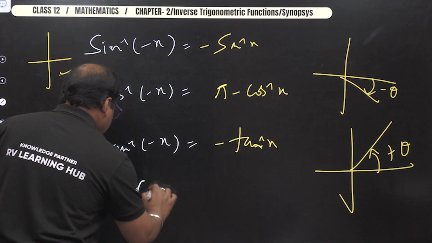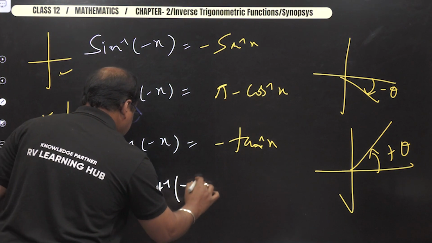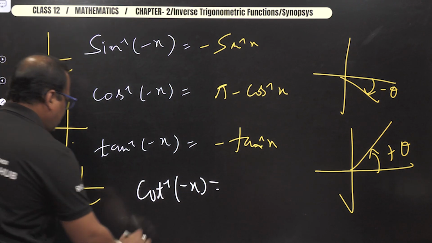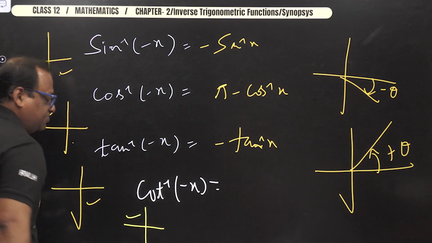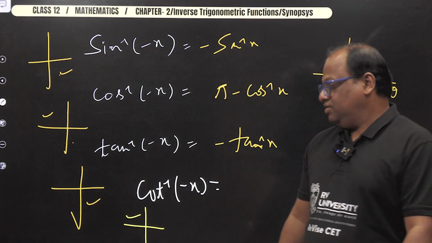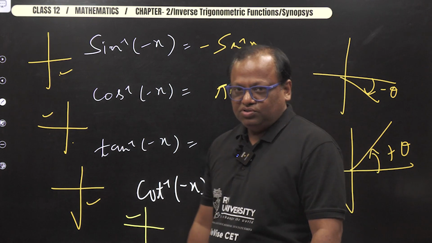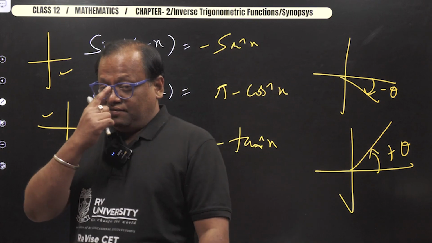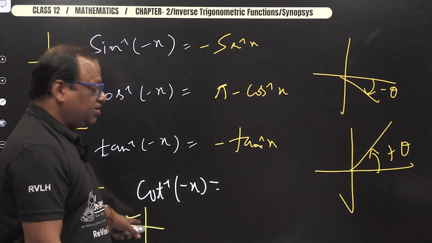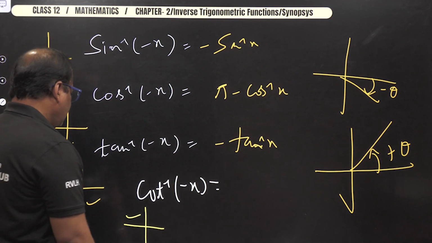Few more things I want to add here. Cot inverse of minus x, very important. So cot inverse of minus x is falling in which quadrant? It is falling in second quadrant. That is a speciality. It is not falling in fourth quadrant. It is falling in second quadrant, because we have to define both minus infinity and plus infinity, which is possible only in second quadrant. So that is why I am putting it here.